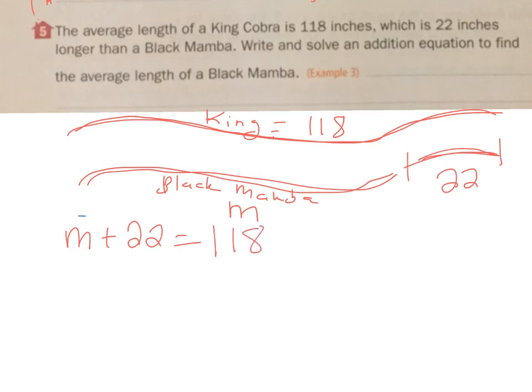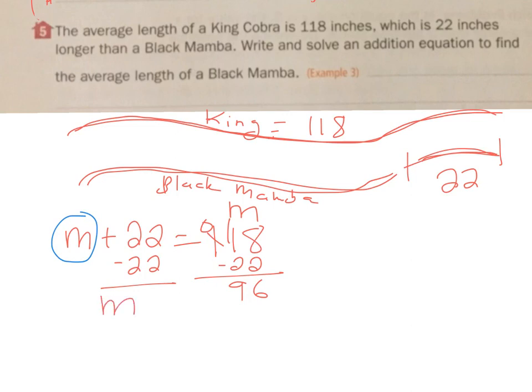Now, I want to get M by itself. The way I do that is I get rid of the 22 on this side, but I got to do it on both sides to be fair and equal. So 8 minus 2 is 6, 11 minus 2 is 9, 22 minus 22 is 0, and so it's just M. M equals 96. So I would say it's right there.